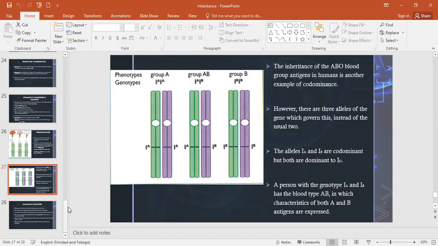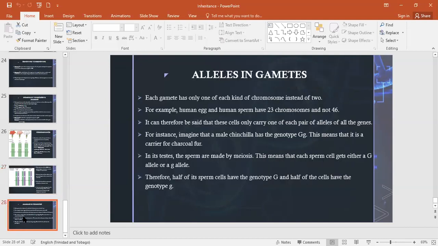Pretty much. All right, let me see if I have anything here to explain. Right, now in gametes, because you have half and half, you have 23 chromosomes in sperm and 23 chromosomes in egg, those cells can only carry one of the alleles for the genes, right?